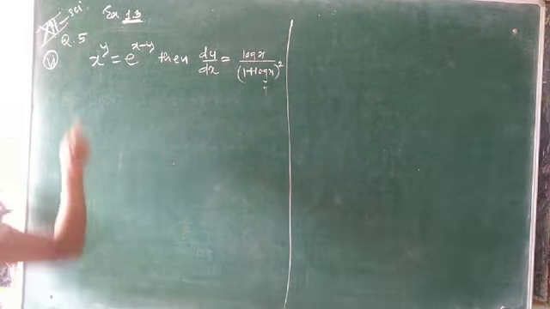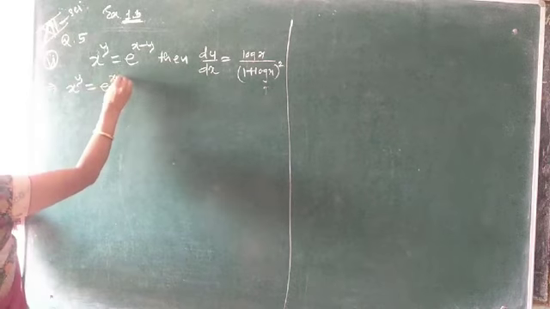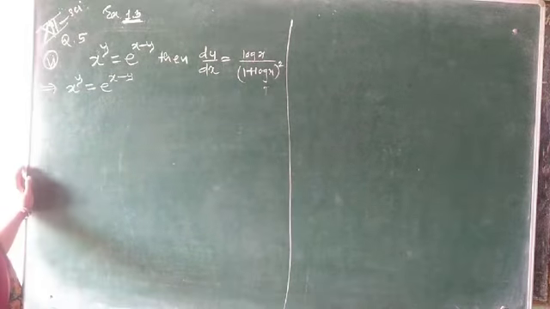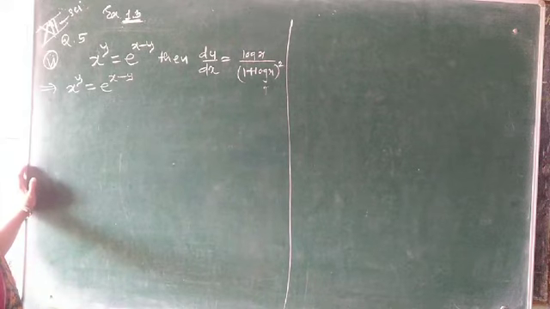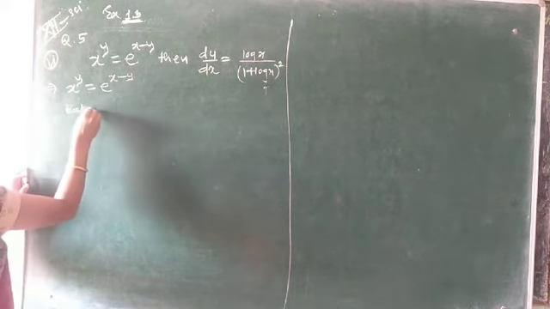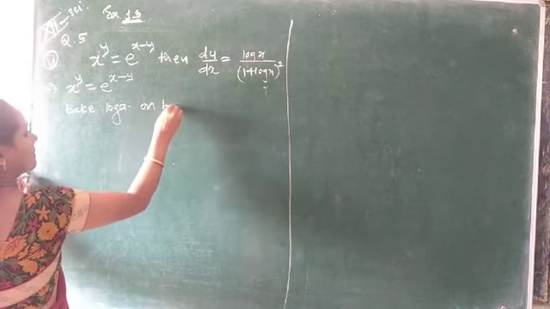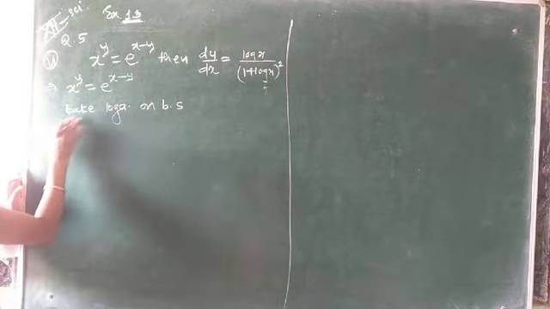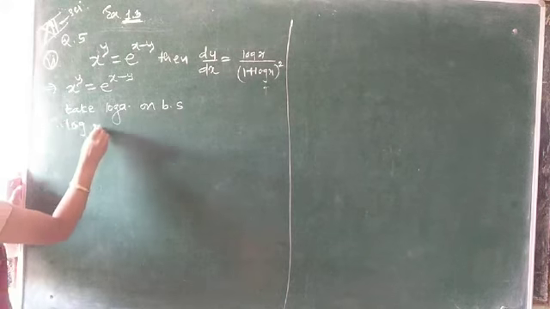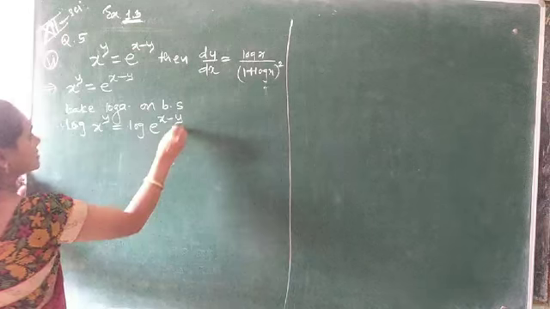If we have given this, so see x raised to y is equal to e raised to x minus y, which is in the form of function raised to function. So here we take logarithm on both sides. Therefore, log x raised to y is equal to log of e raised to x minus y.